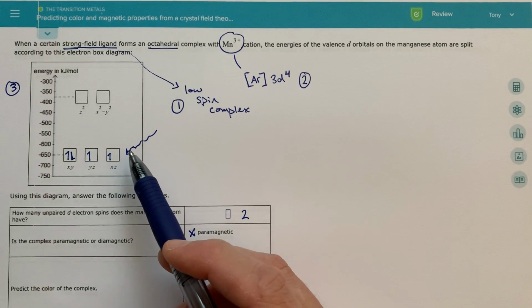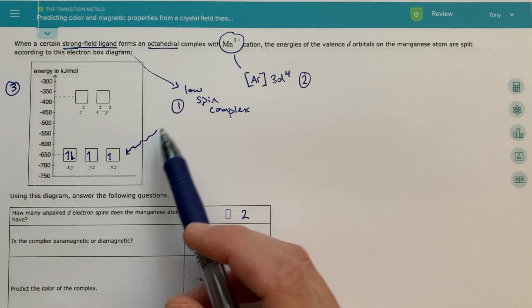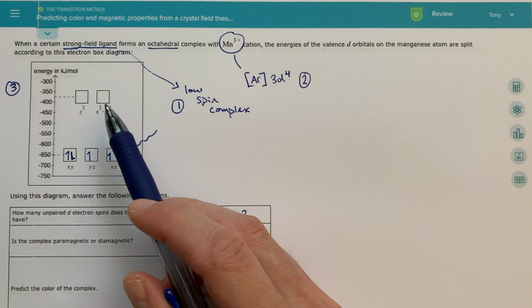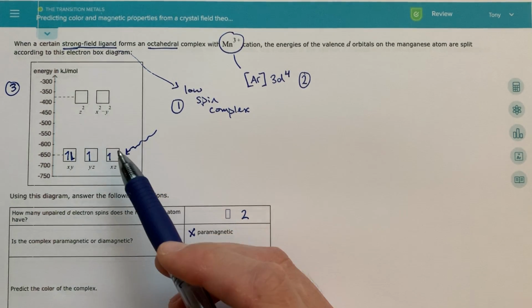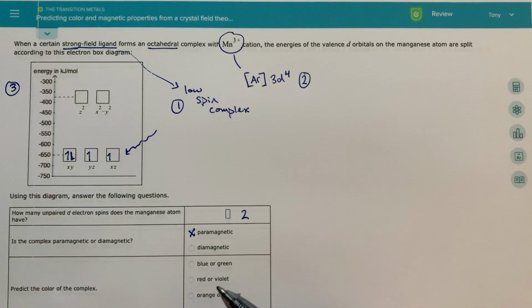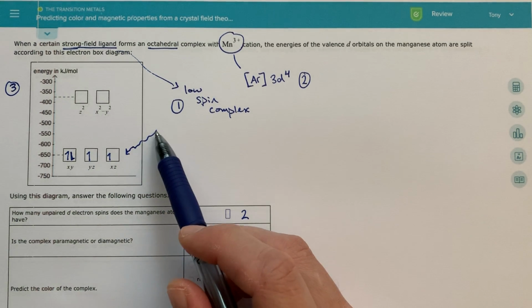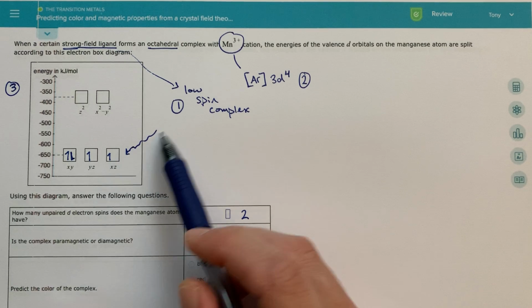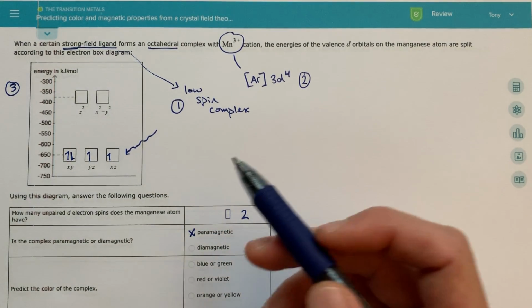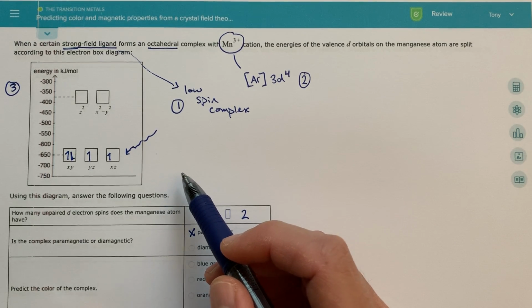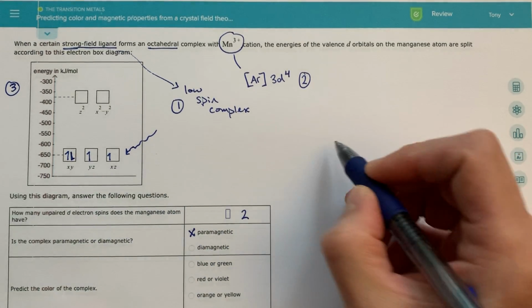In this case, this electron is going to absorb a photon of light, jump up to a higher energy level, and then by various means relax back down to this ground state electron configuration. So this photon of light that's coming in is very relevant for whether we observe a color in our complex.